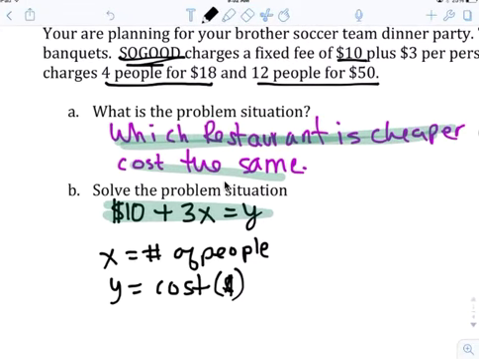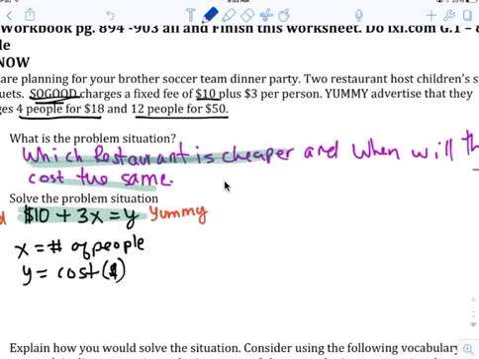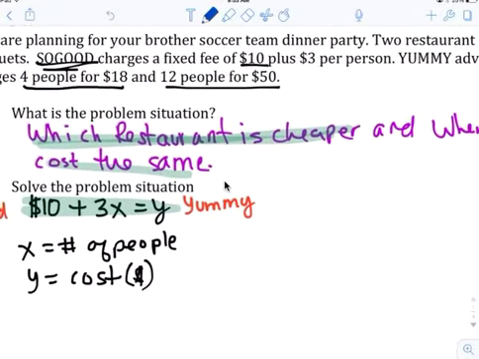When you do Yummy, we're going to use the same variables. 4 people for $18, and then 12 people for $50.